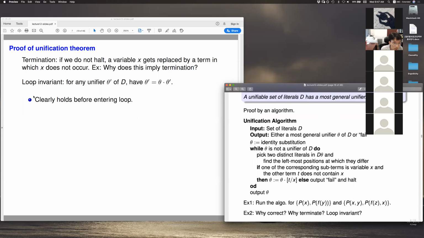Loop invariant means that it's true when we hit the loop for the first time, and also the body of the loop preserves this property. That's what the phrase loop invariant means. So we have to show that it's the case. When you hit the loop for the first time, this property is always true. That's because when you hit the loop for the first time, theta is an identity substitution, in other words, an identity map from sigma terms to sigma terms.